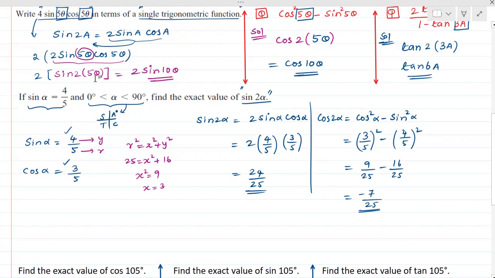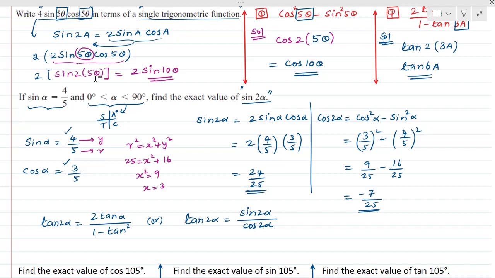Now what about tan 2 alpha? Here tan 2 alpha is equal to sine 2 alpha over cosine 2 alpha. We know the value of sine and cosine, or you can use the formula as it is, no issue. You can use that tan 2 alpha is 2 tan alpha over 1 minus tan square alpha.